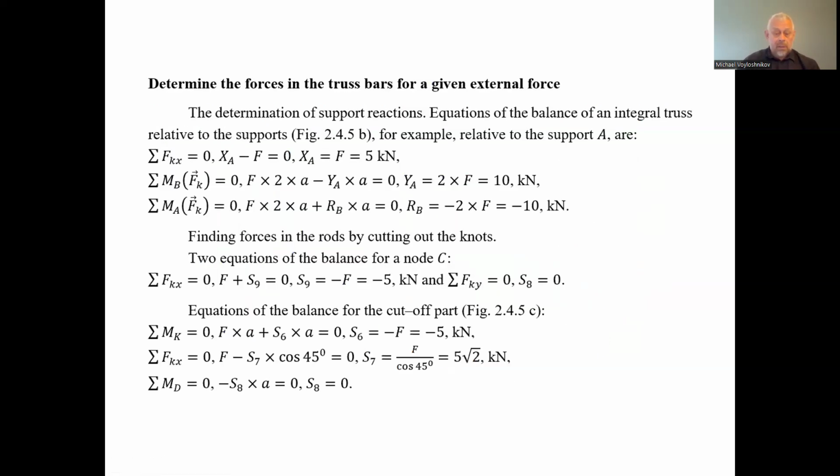And please consider the balance equation for the integral truss, first the projections of all forces acting on the integral truss on the axis X, the abscissa.